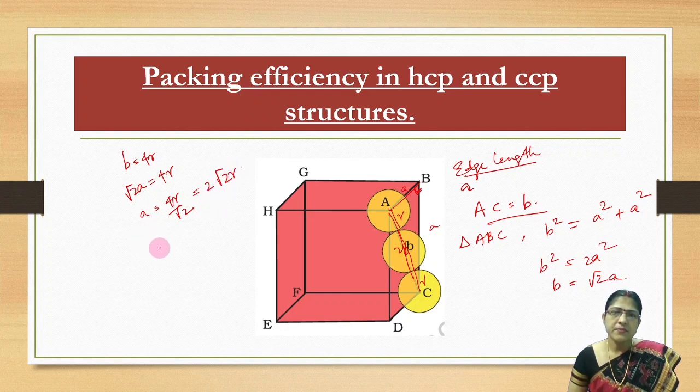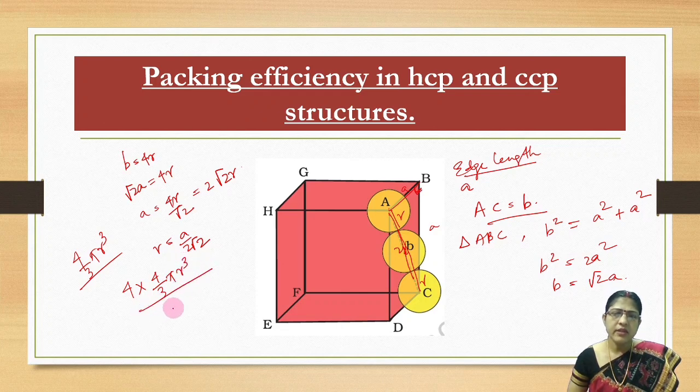Or you can write R is equal to A by 2 root 2. Then volume of one atom is equal to 4 by 3 pi r cube. And in case of FCC, Z effective is 4. So 4 into 4 by 3 pi r cube.